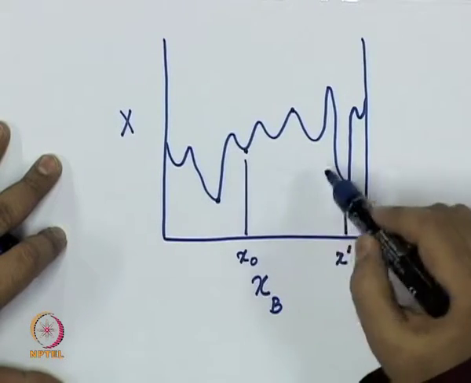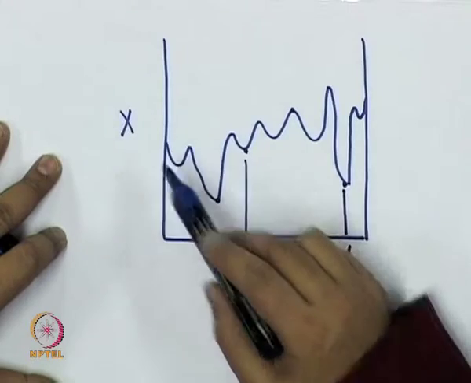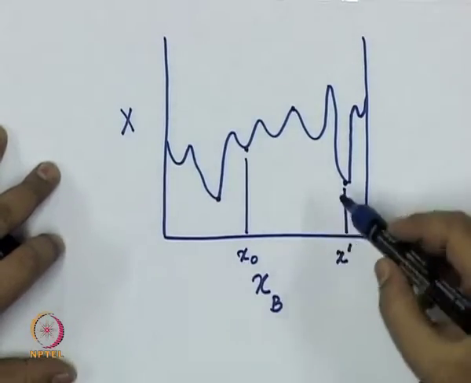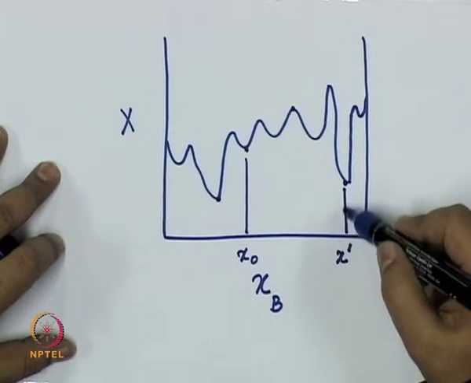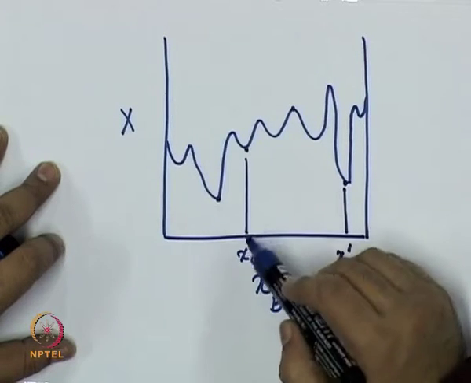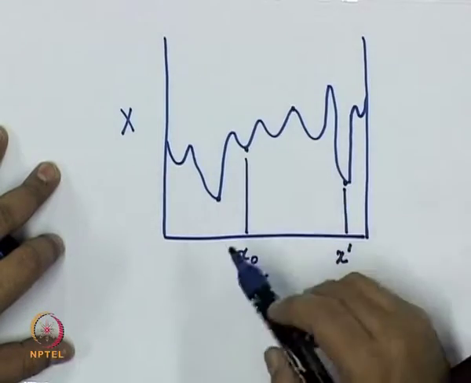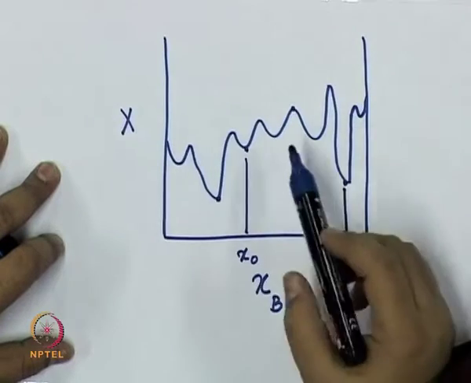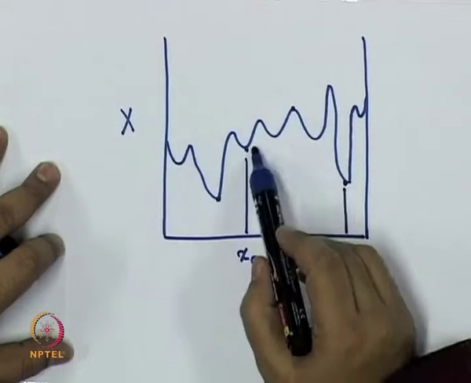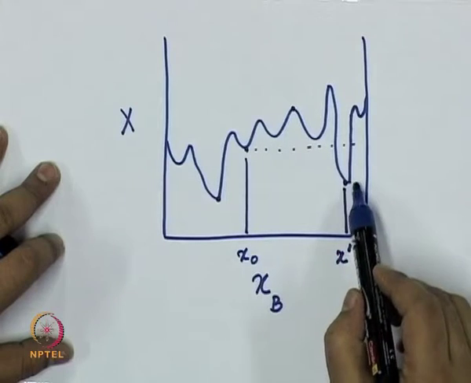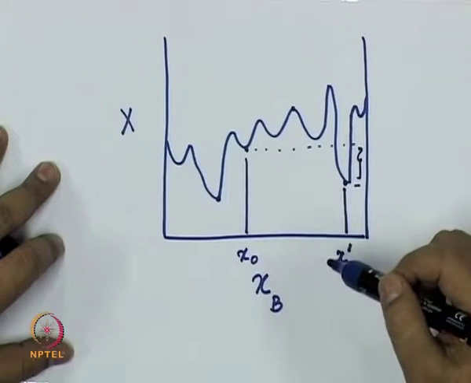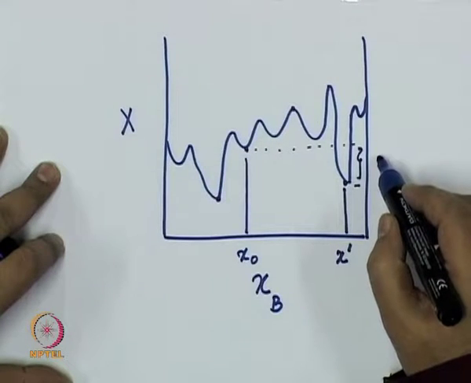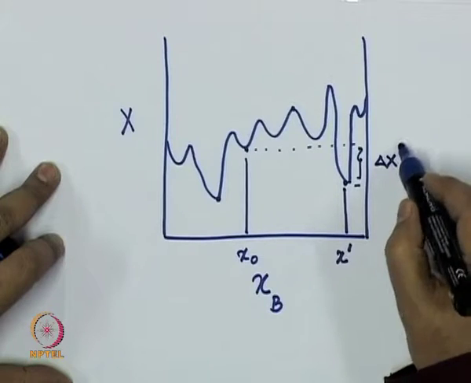If I ask you what is the change in the property x when you make this x prime from x naught, and let us assume that the amount of x prime that you are producing is so small and x naught solution is so large that solution composition remains at x naught, then one would think that naively the free energy difference will be given by this quantity. Okay. And let us say that that is some delta x prime.